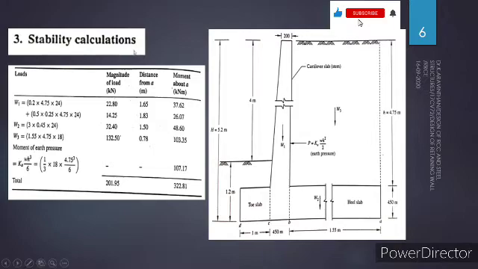So for that, let us find the load of each and every component. What are the components here? First one is the self weight of the stem, which is W1, and W2 is the base slab, and W3 is the soil which is retained. This is the soil which we will consider and take as W3. And the fourth force is active earth pressure. So let us consider one by one.